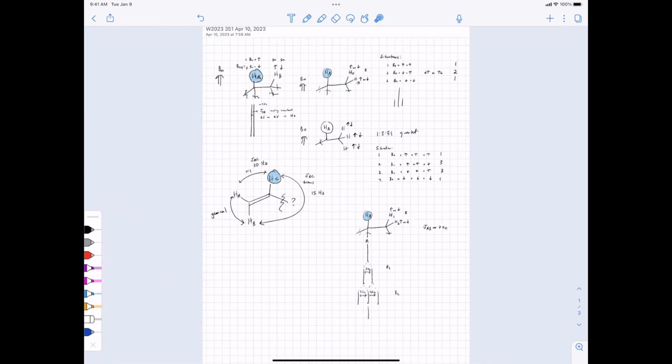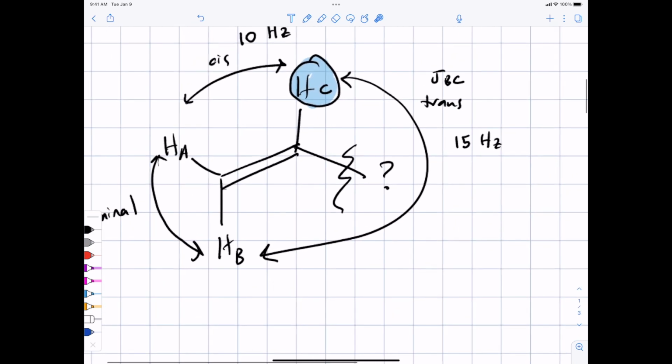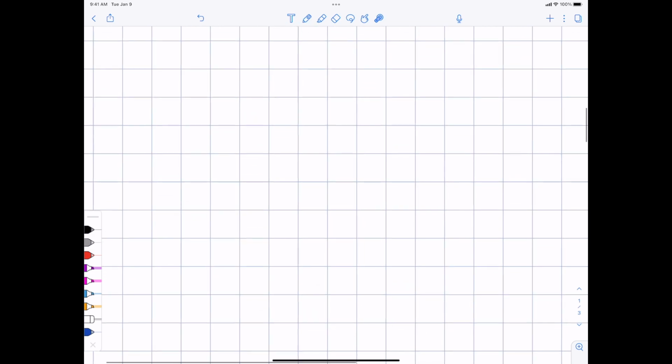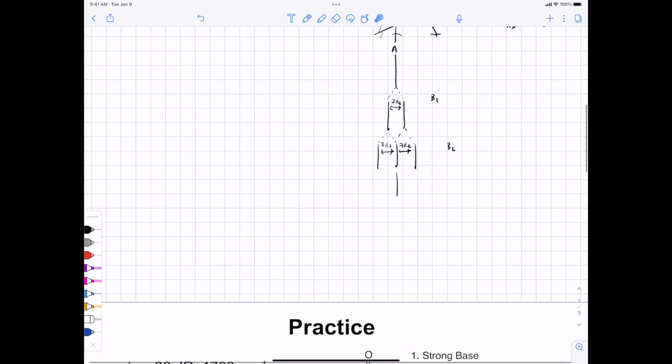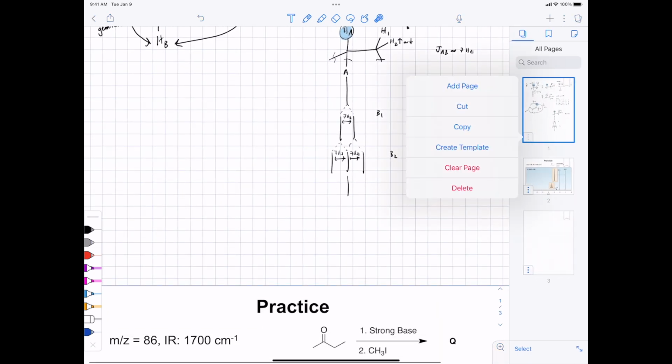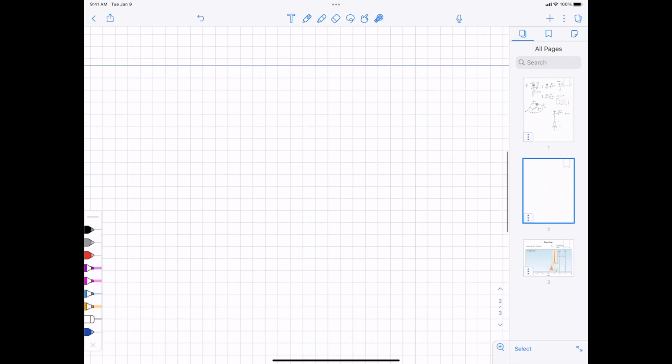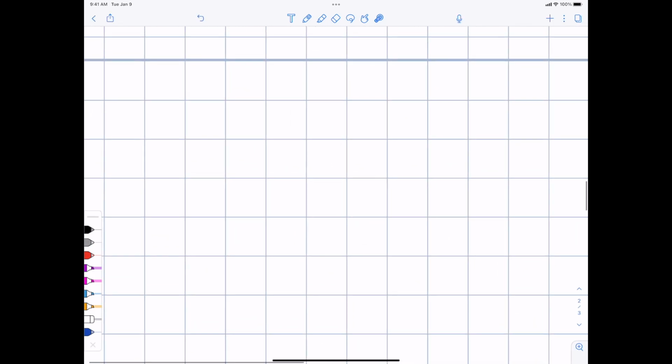That being said, it may be useful to pause and ask the question, what makes identical protons identical? Because if you believe A and B are identical, then anything I might tell you about the splitting pattern isn't going to make sense. So let's just take a brief moment and talk about what makes identical protons identical.